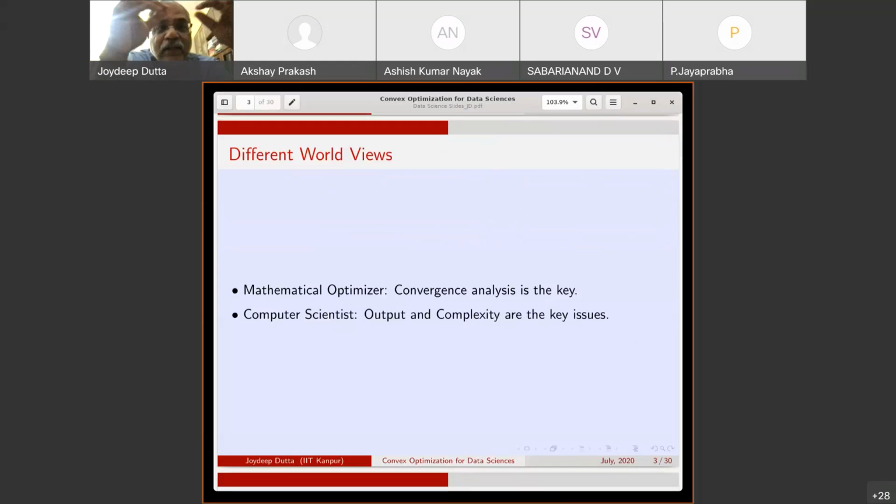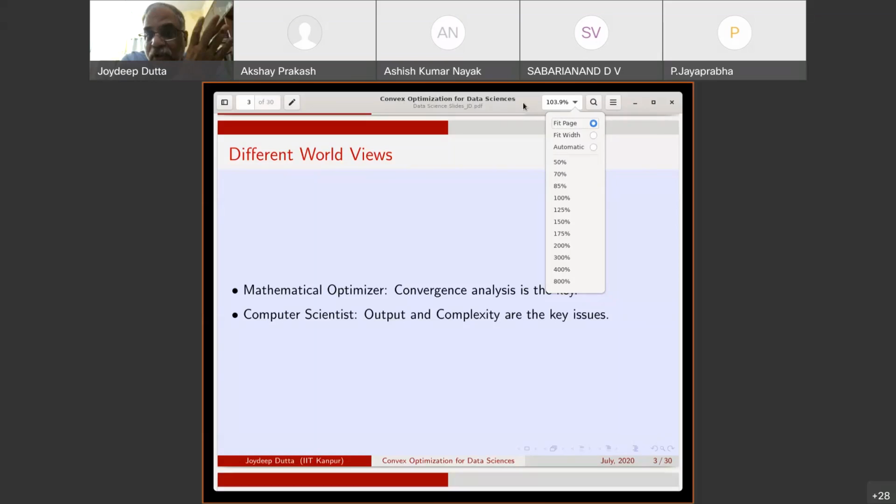When you design an algorithm, algorithms are iterative processes. So you choose a point and see whether it is a solution of the problem. If not, then try to go to another point where the functional value actually goes down. This is a very naive methodology, if you think, but that is exactly what an optimization algorithm does.